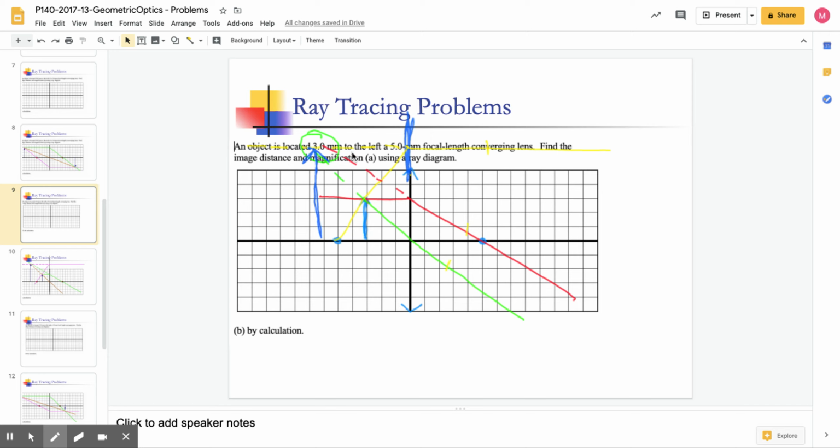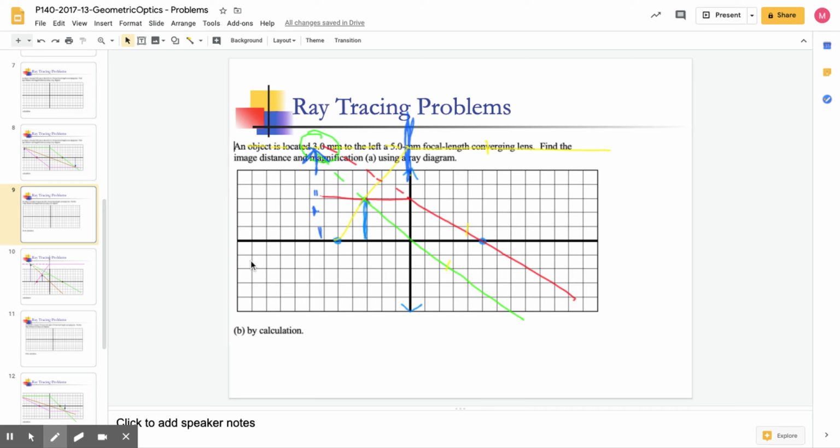Notice that the dashed lines are virtual, they're not real rays, and neither is my image. It's a virtual image, so I'm going to make this a dashed line too. When you have rays diverging like this, your eye, just like with a mirror, projects back and sees the image behind the lens.